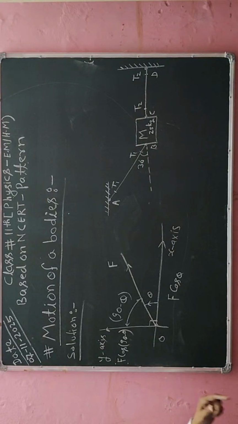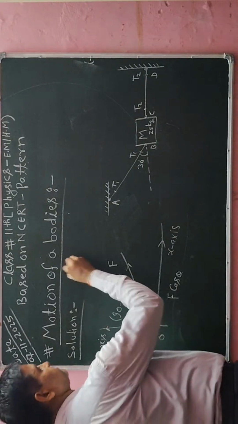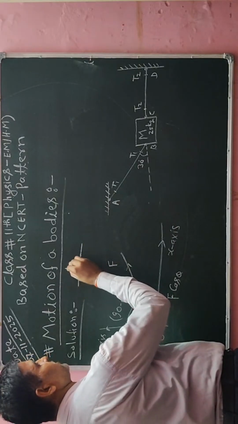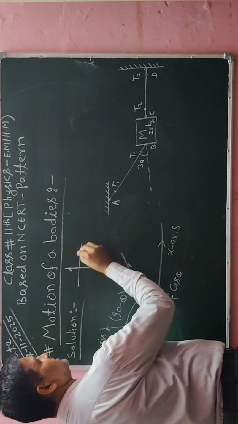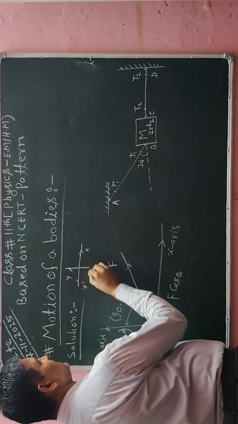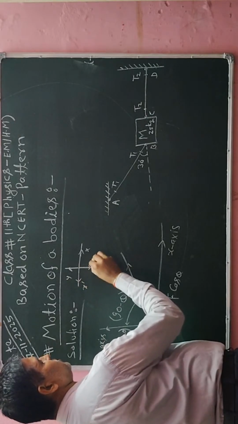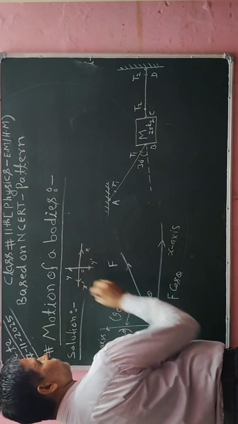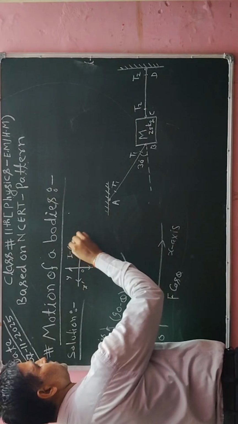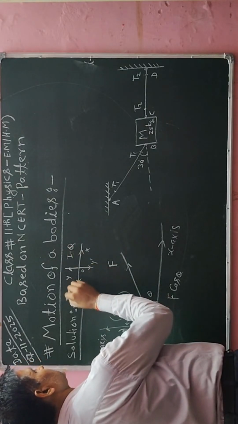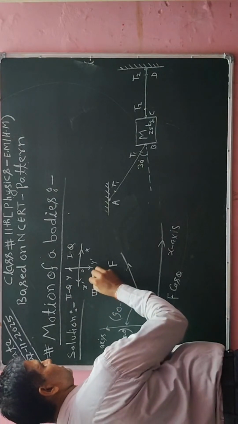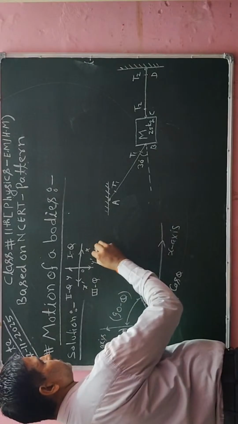Now here I am going to say there is an xy plane. I have divided it into four parts. This is the x-axis, this is the y-axis, this is the negative x-axis, and this is the negative y-axis. And this is the origin. So I will say this is the first quadrant, this is the second quadrant, this will be the third quadrant, and this will be the fourth quadrant.